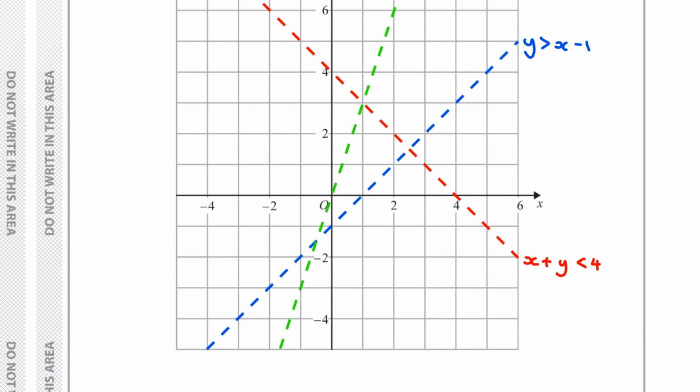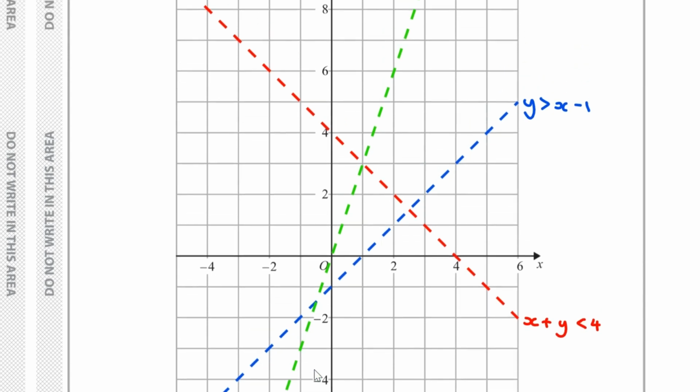We want the region satisfied by all of these conditions. So the region we want is everywhere over here, and this satisfies all the points which we want. So here is the region R.